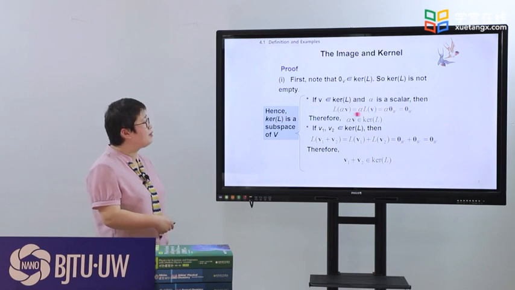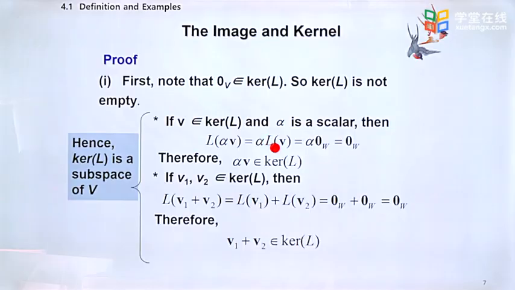This comes from the definition of linear transformation. Because L(v) equals 0_W, and by the axioms of vector space, α times 0_W is just 0_W. Therefore, from this relation, we know αv belongs to the kernel of L.